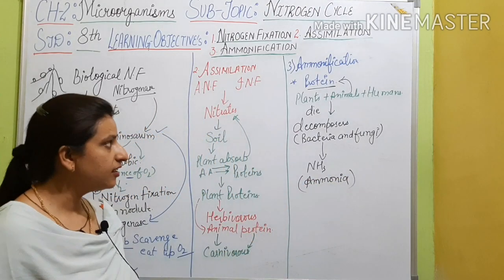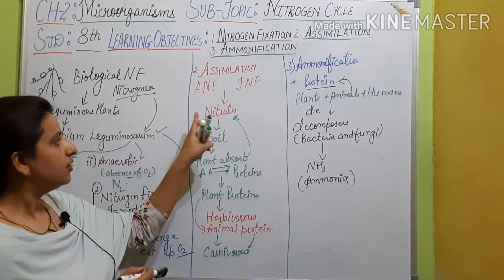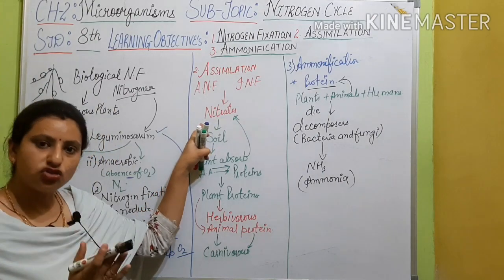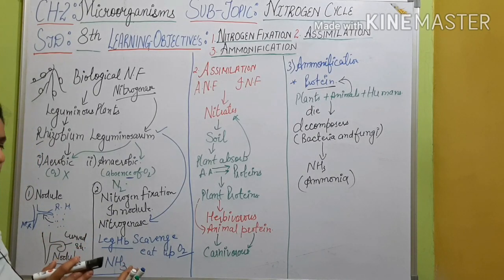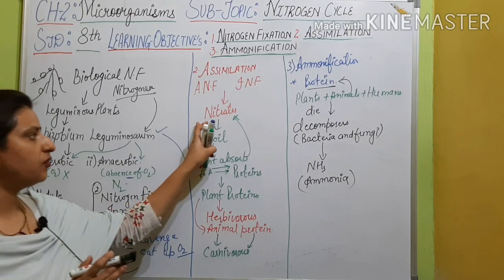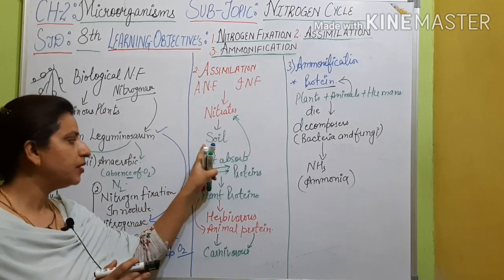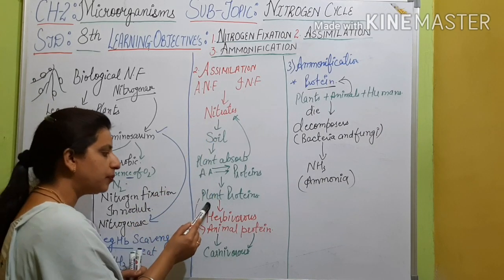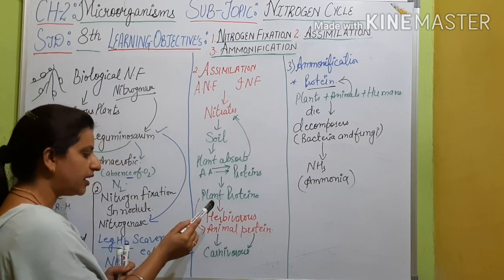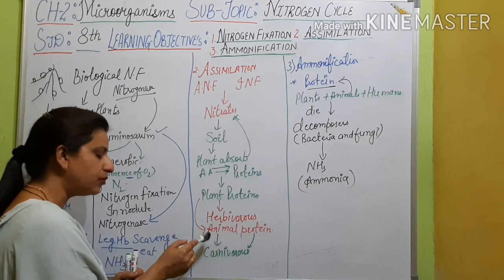So like this, again the nitrogen from the atmosphere is fixed by the plants in the form of ammonia and in the form of nitrates. They are taken up by the plants from the soil, then they will form the plant protein. Plants are eaten up by the animals, they will form the animal protein.